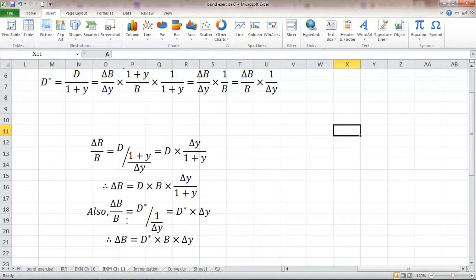So using modified duration, then percentage change in bond price is simply modified duration divided by 1 over change in y, which will be modified duration times change in y. Okay? And then change in bond price only, then is modified duration times bond price times change in y.